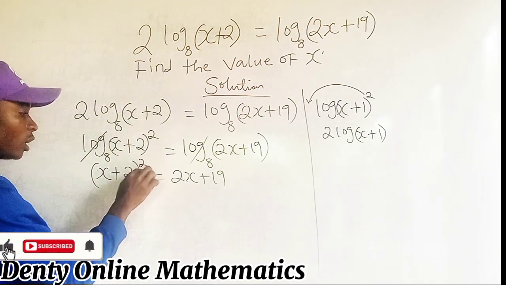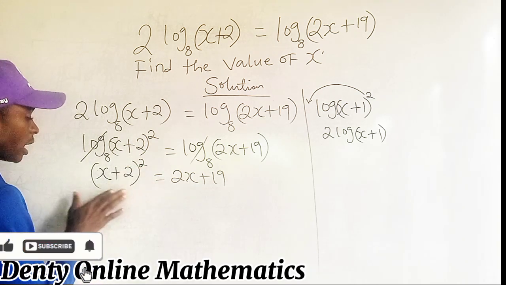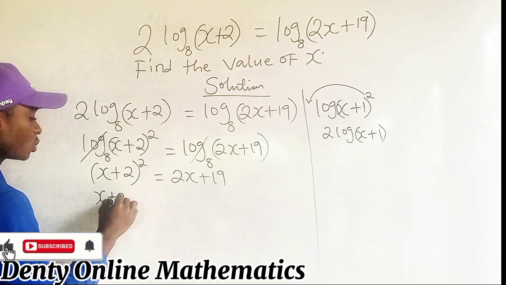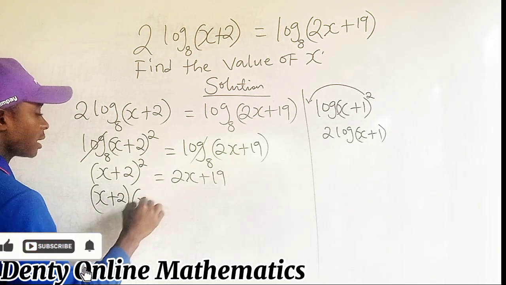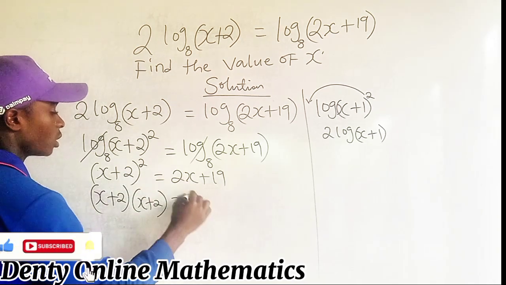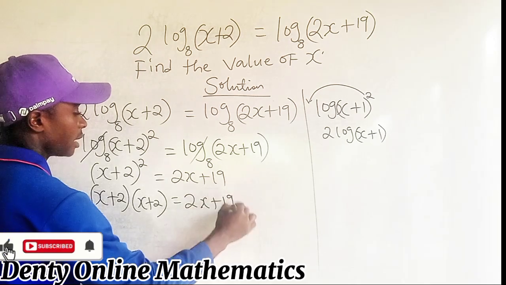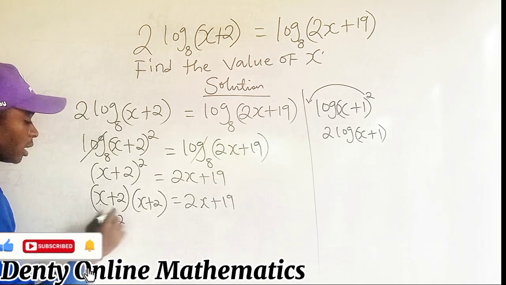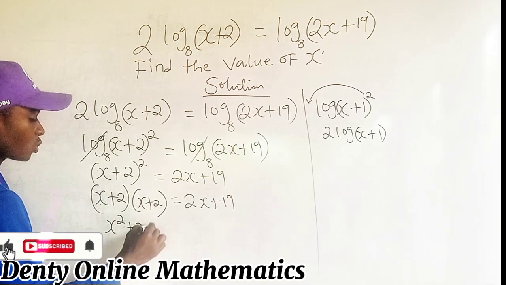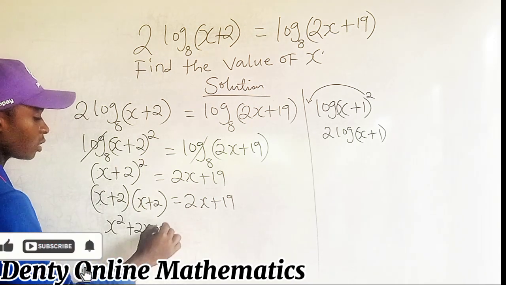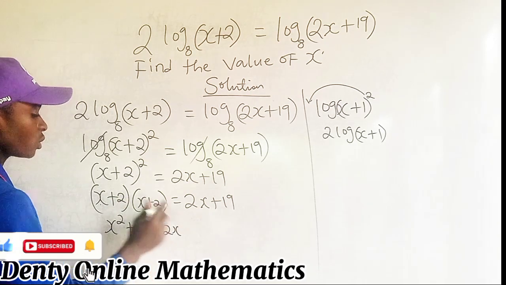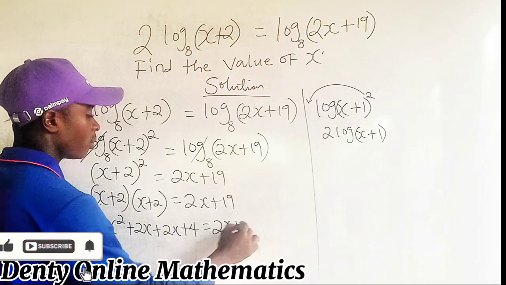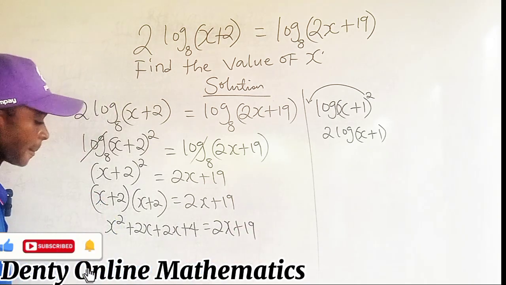Since we have all of this raised to the power of 2, it means we are going to expand these brackets 2 times. So that will give us (x plus 2) multiplied by (x plus 2) to be equal to 2x plus 19. Now x times x will give us x squared, x times 2 will give us plus 2x, 2 times x will give us plus 2x, 2 times 2 will give us plus 4, equal to 2x plus 19.